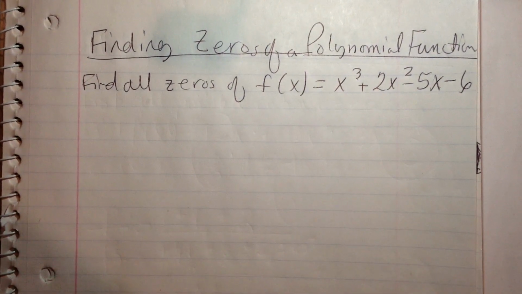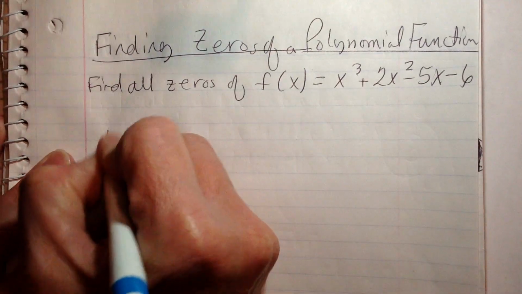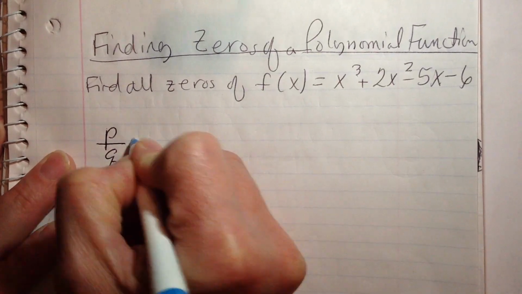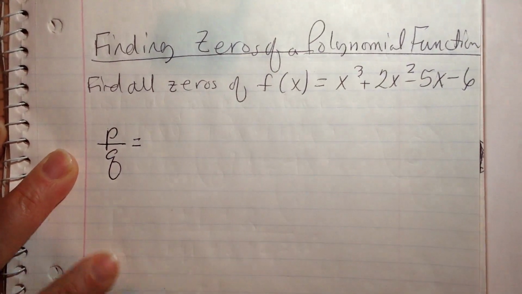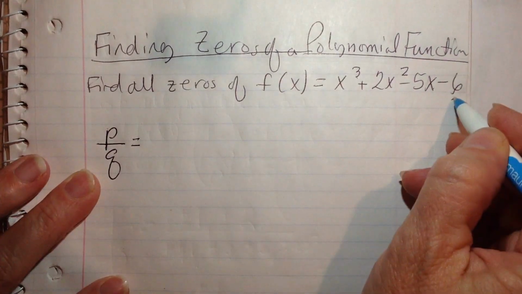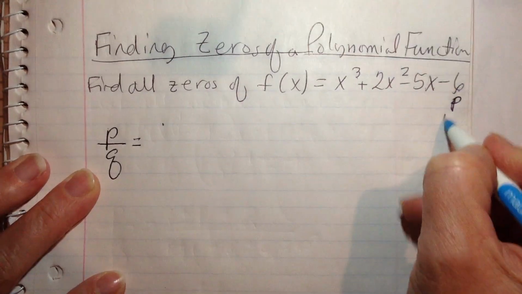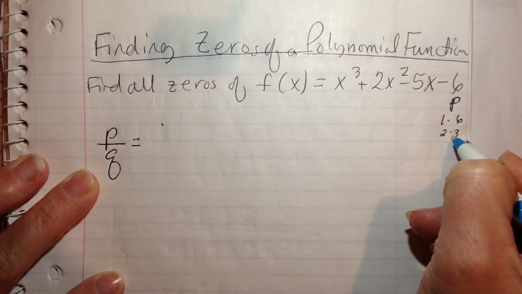So what I need to determine is all of my possible rational zeros. The first thing I'm going to do is list my p's over my q's. These are my possible rational zeros. So again, factors of 6 is p. Factors of 6 are 1 and 6 and 2 and 3.